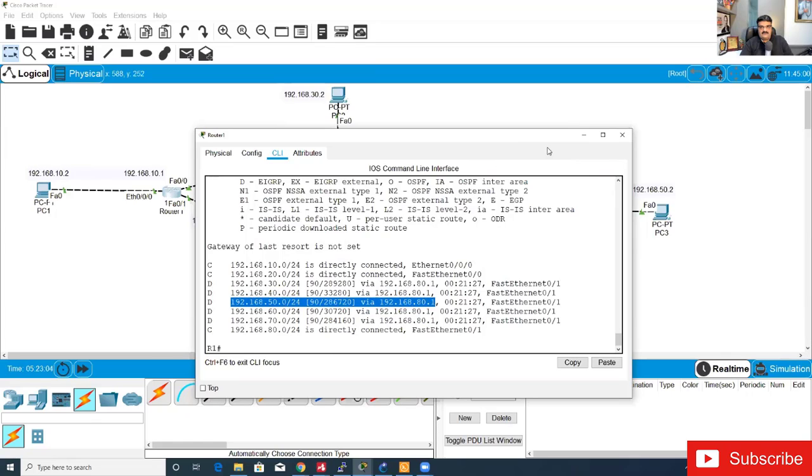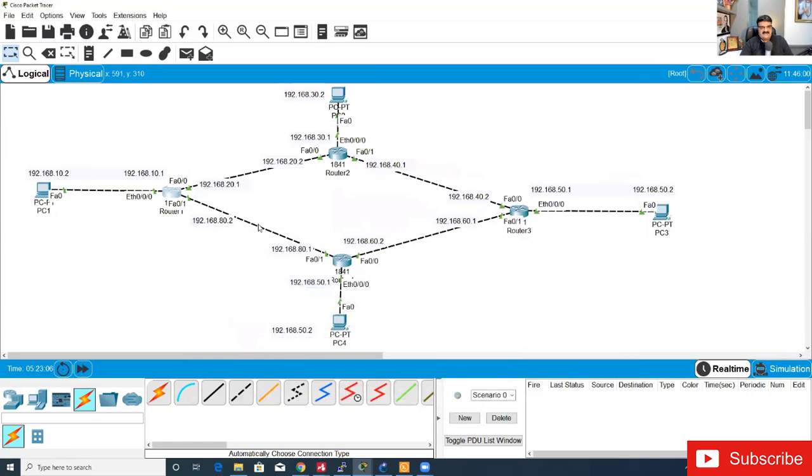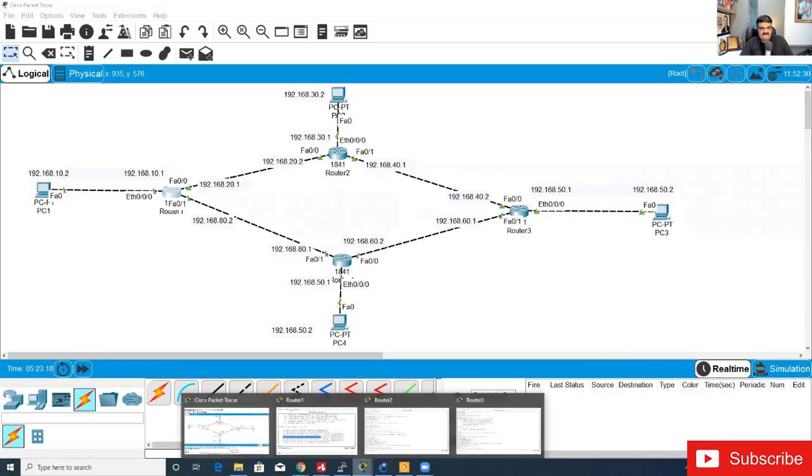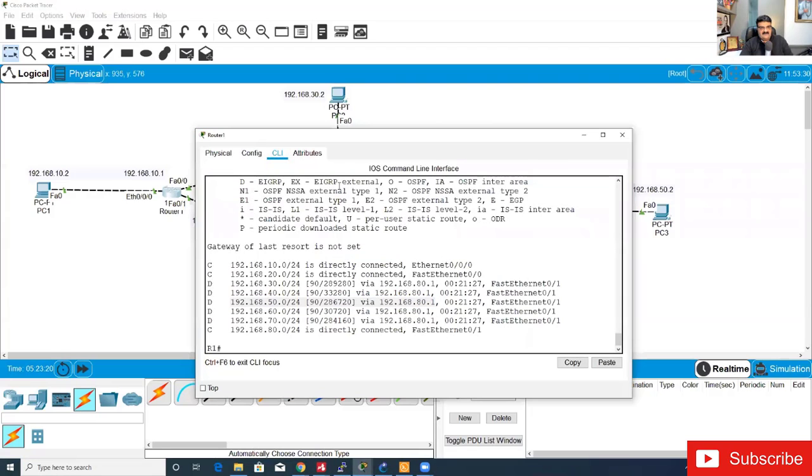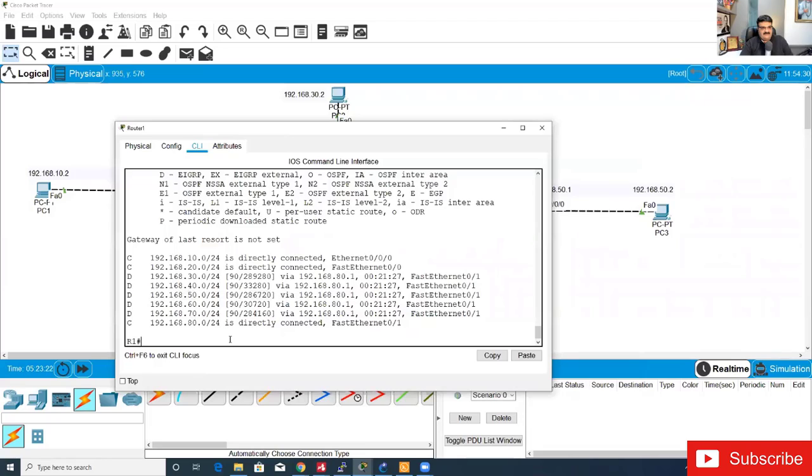So if I want to go through 50, I can send the data to this particular path. And I'm having another path also, and because of the higher cost, this path cannot be in the routing table. So if you want to verify this, you have to verify the routing table.